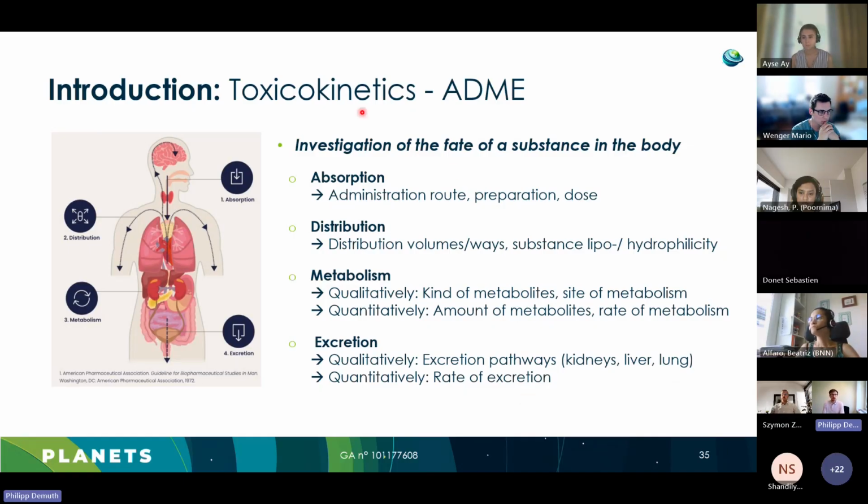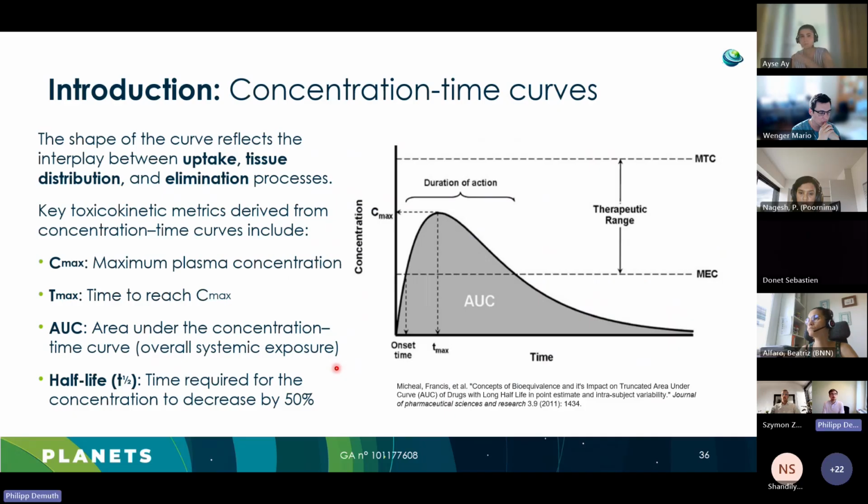If we have information about those parameters, we can then simulate and understand the concentration time curve. The concentration time curve shows how those different parameters interplay with each other.